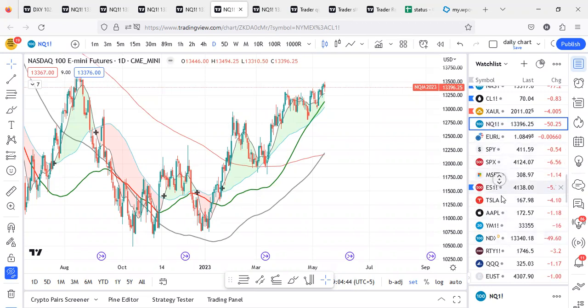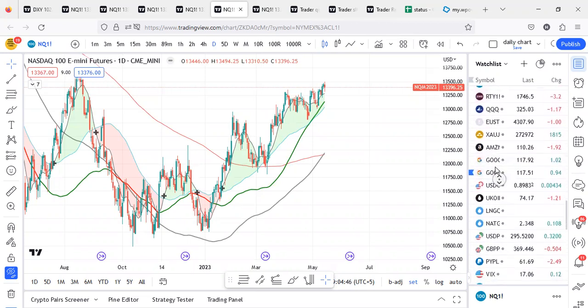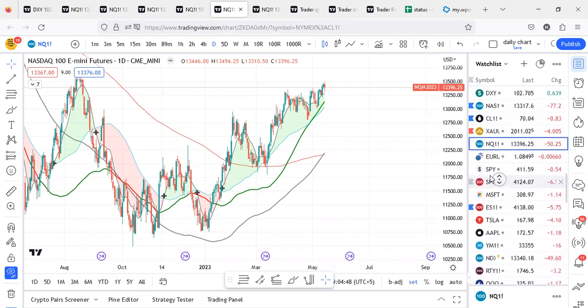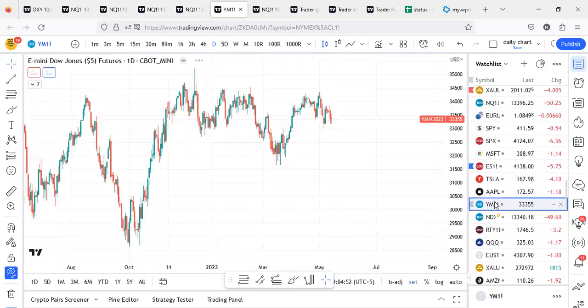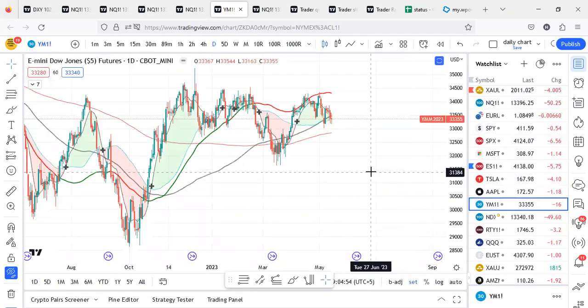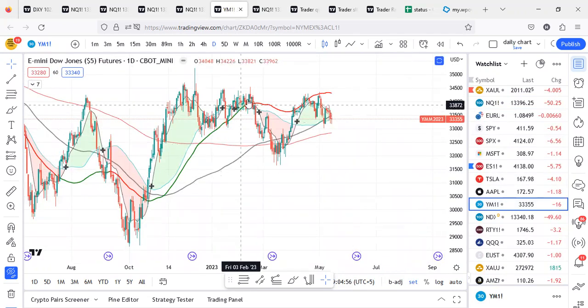If you compare this with Dow Jones, there's a reason why I don't like Dow Jones. Many people love it, but again, Dow Jones is very choppy. Overall, it's trendy, but it is very choppy.